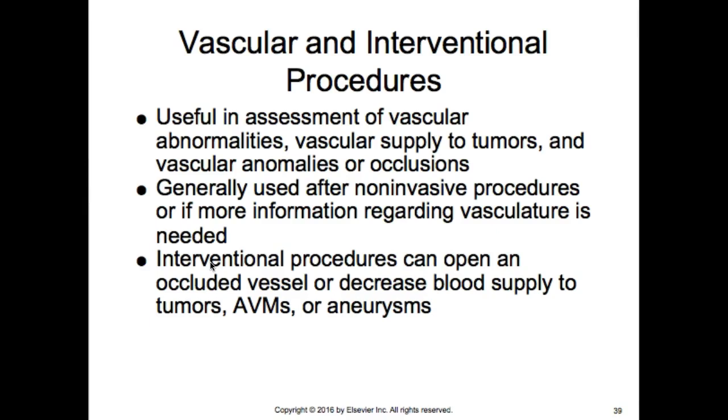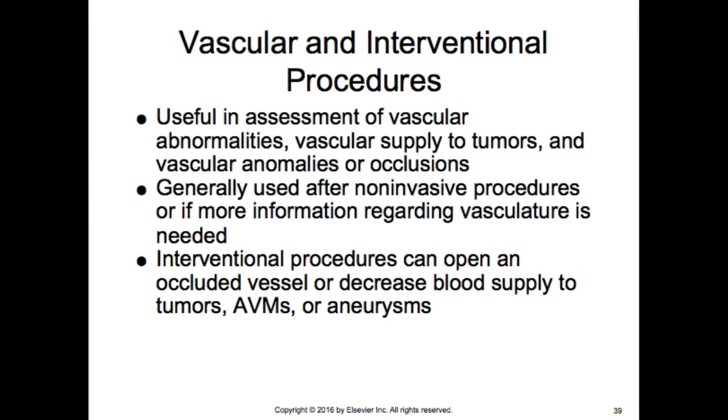All right. Vascular and interventional procedures. It's useful in the assessment of vascular abnormalities, vascular tumors, and occlusions, generally used for non-invasive procedures or if more information regarding vascular is needed. So interventional procedures can open an occluded vessel or decrease blood supply to tumors, AVMs, and aneurysms.